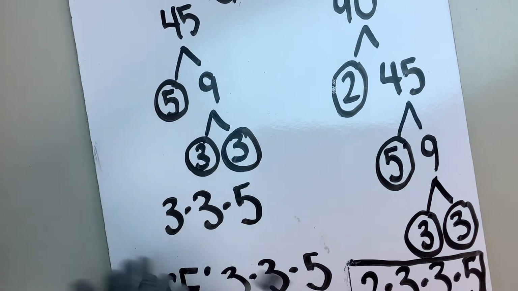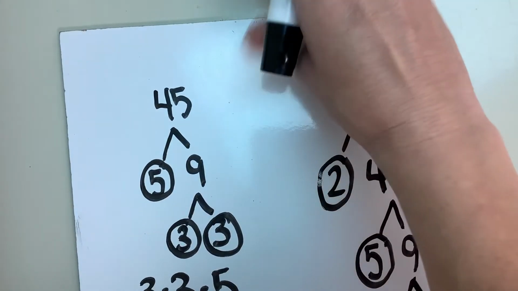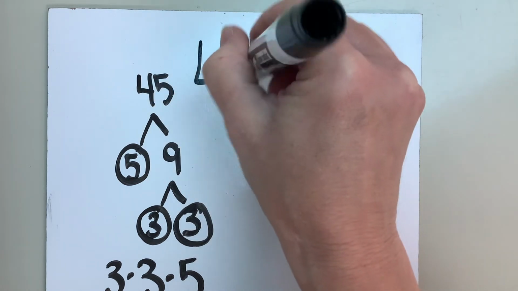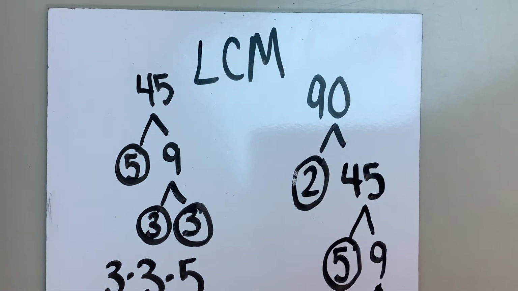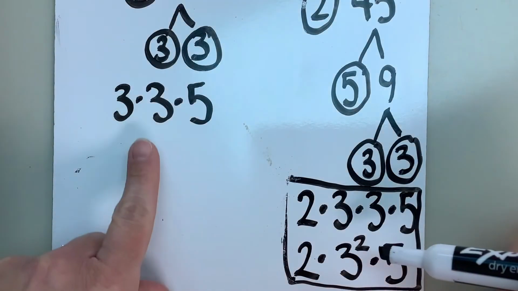All right, the next thing we would need to do, and I'm just going to use the same numbers again, is you could be asked to find the least common multiple. When you're asked to find the least common multiple, again, you are going to make your factor trees and find your prime factorization.